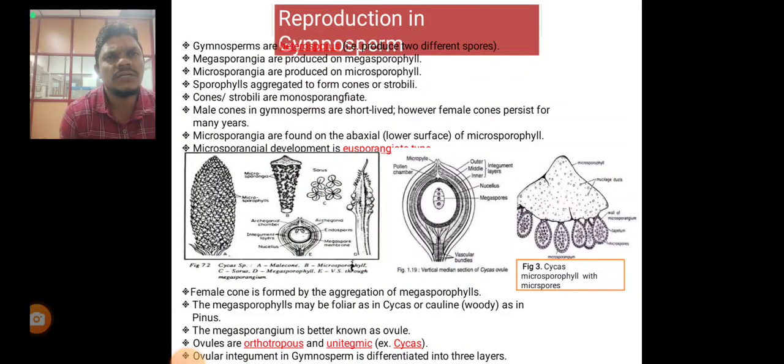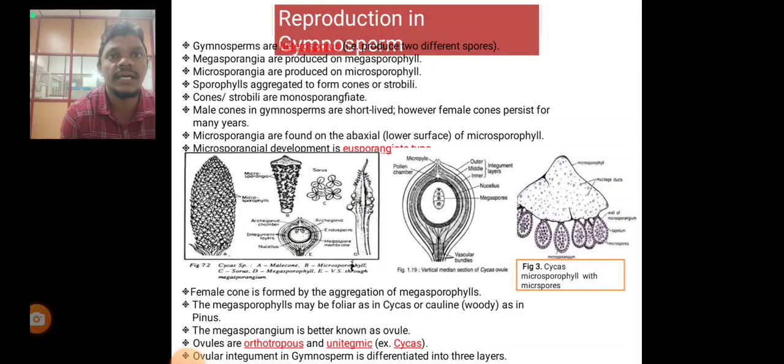Another topic is the reproduction of gymnosperms. It is highly differentiated because of the presence of two different spores, megaspores and microspores. The megasporangia are produced on the megasporophylls, and the microsporangia are produced on the microsporophylls.